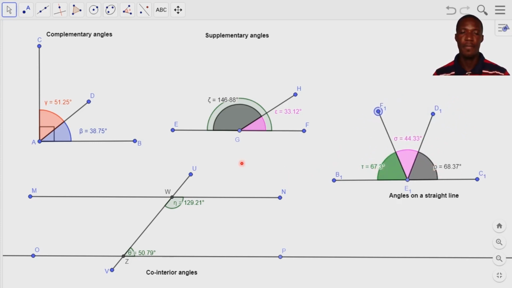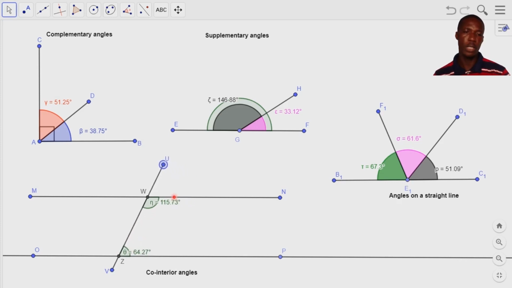We also have co-interior angles. We have two lines that are parallel, line MN and line OP, with a transversal line across them. Now look in between the two parallel lines and on the same side of the transversal line.